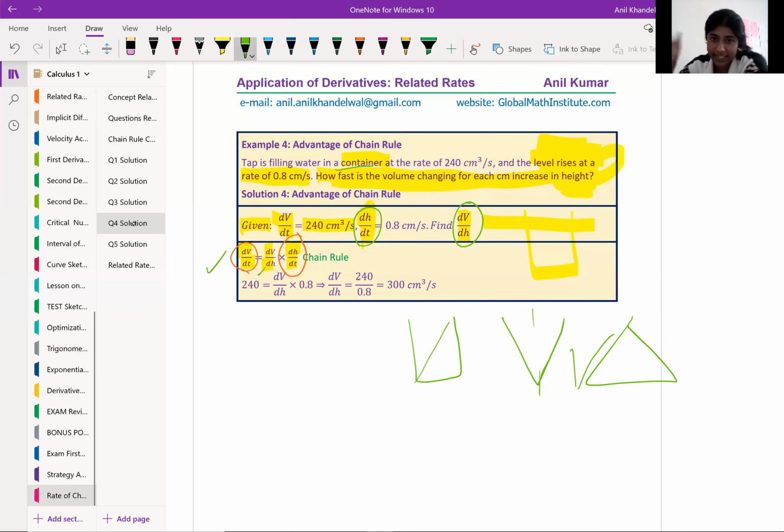Because it says level, and in the question it says increase in height, we have to make that connection between level and height. So the level is the height. That means 0.8 equals dh/dt, because it's per second. And then it says how fast is the volume changing for each centimeter increase in height. So that means it's dV/dh.